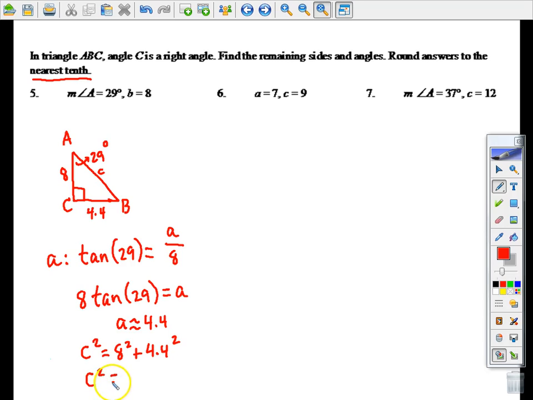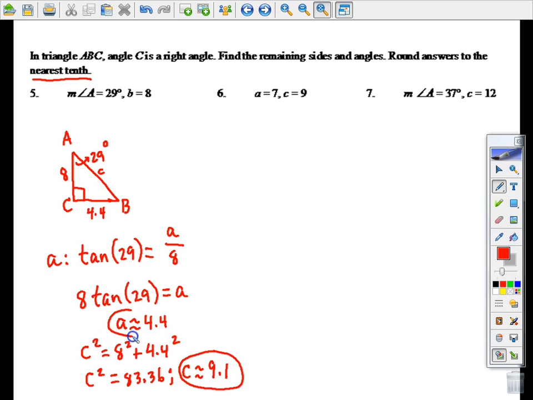That's C squared, but taking the square root of that number will give us C, and that is 9.1301. So rounded to the nearest tenth, C is approximately 9.1.